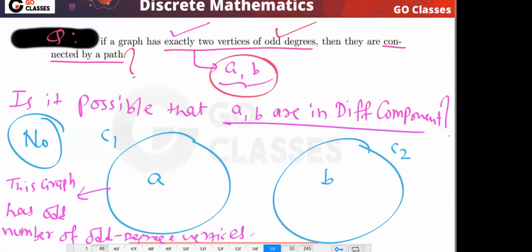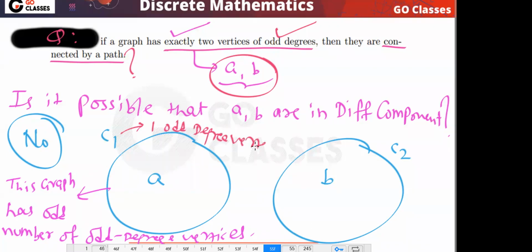If they are in different components, then what will happen? Then this graph has an odd number of odd degree vertices, and that cannot happen. We know that every graph has an even number of odd degree vertices. But in this graph you now have one odd degree vertex.